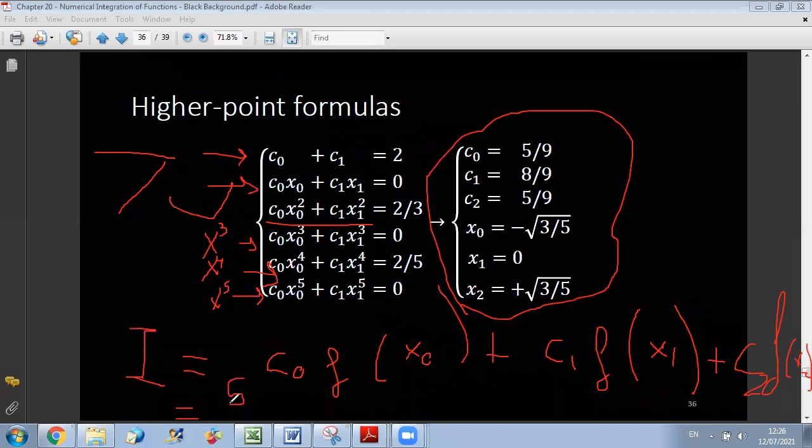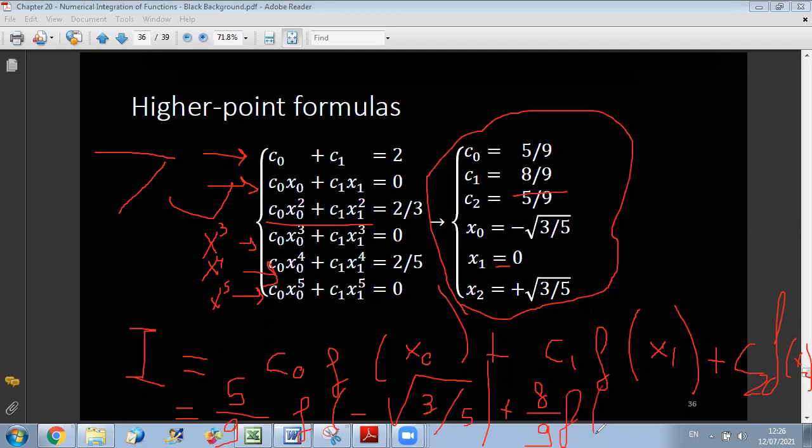C0 is 5/9, times f at minus radical 3/5. C1 is 8/9, so plus 8/9 times f of x1, and x1 is 0, so f of 0. And finally, plus C2, which is 5/9, times f at plus radical 3/5.